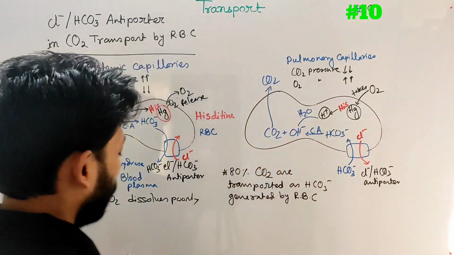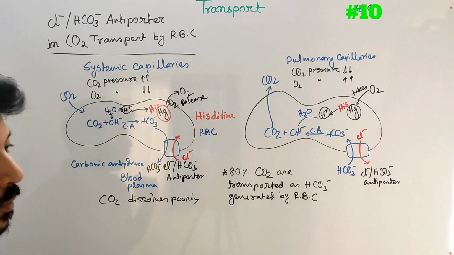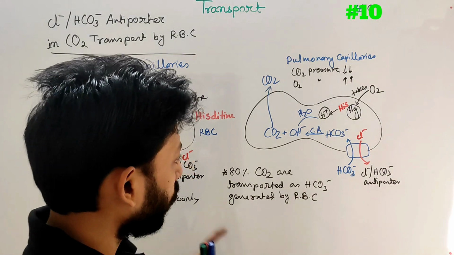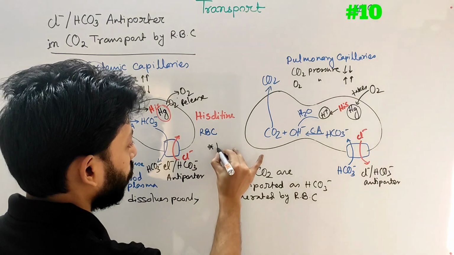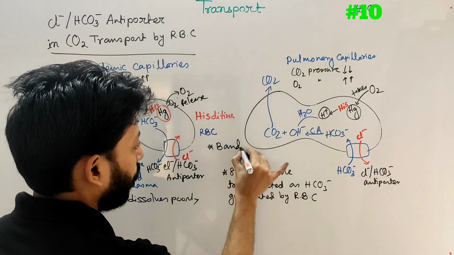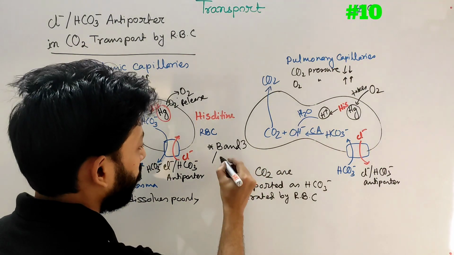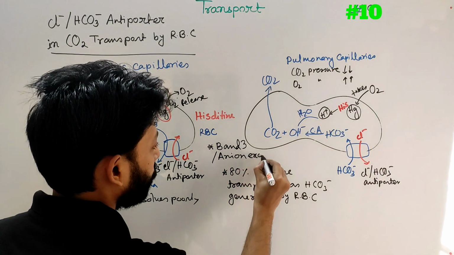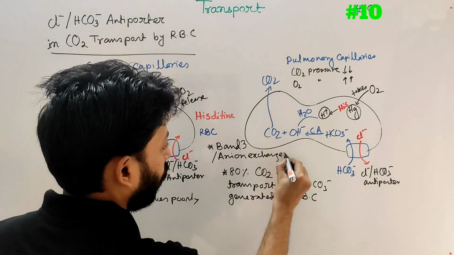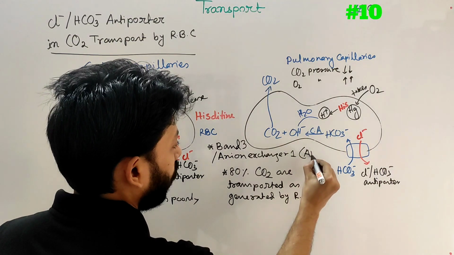This chlorine bicarbonate antiporter, as I mentioned in my previous video, in the red blood cell is called band 3, or an alternative name is anion exchanger 1, in short AE1.